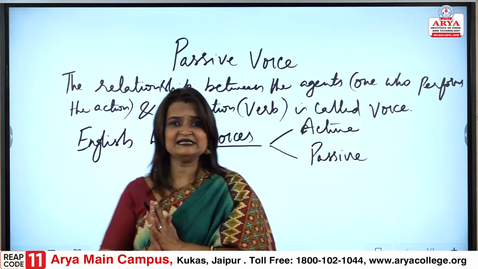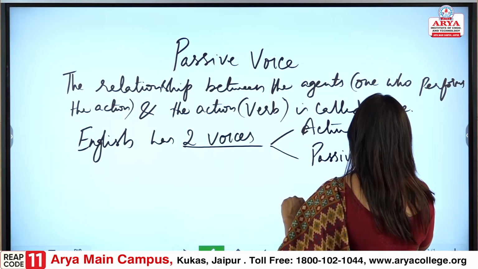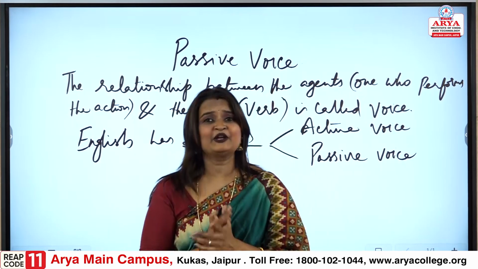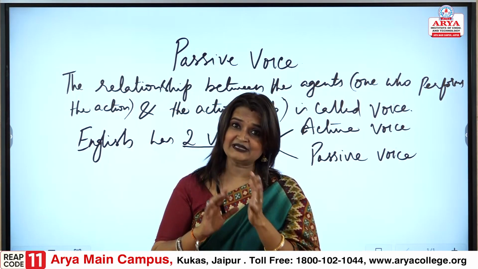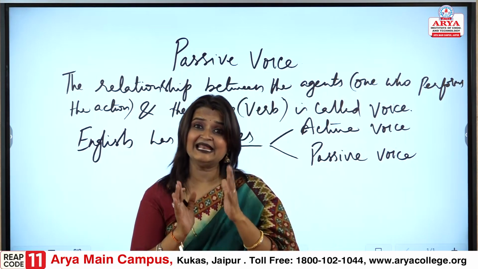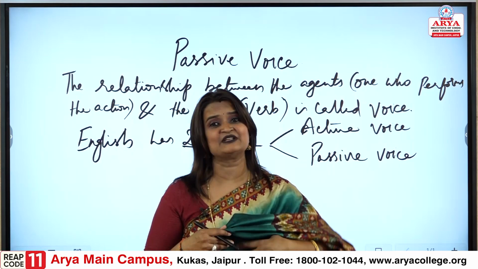Let us remember this: active voice and passive voice. So, now let us understand what active and passive voice are, and then go further in understanding the passive voice completely.